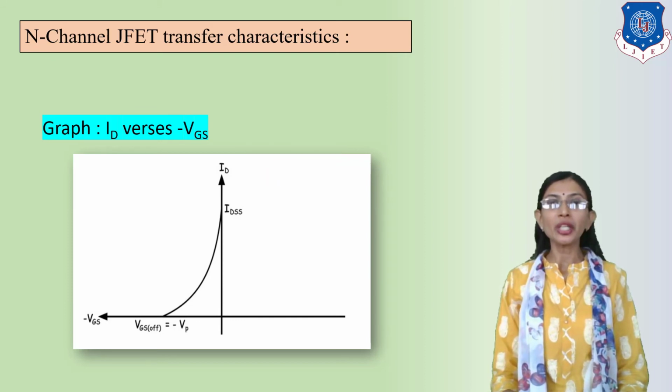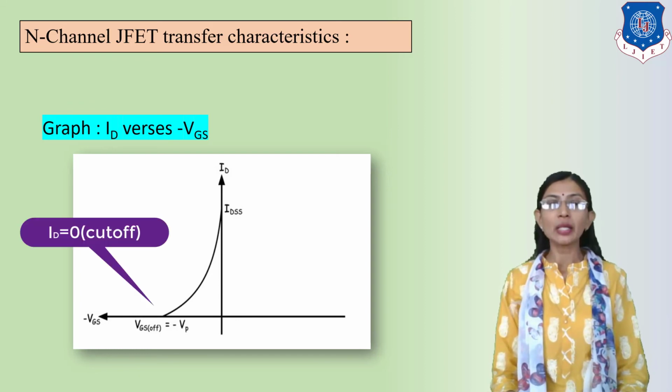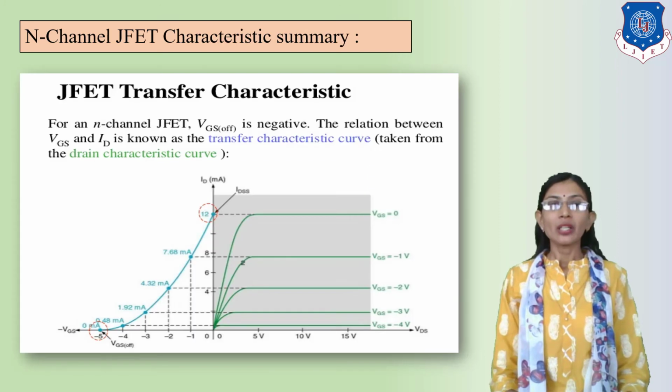As and when I increase VGS negatively, minus 1, minus 2, minus 3, accordingly the current ID is going to decrease, and at some particular voltage of VGS, we will get ID equal to 0. Look at this, this is the point of VGS off. At that particular voltage, when I get ID equal to 0, that is known as VP. What is VP? Pinch off voltage. So this is the JFET transfer characteristic.